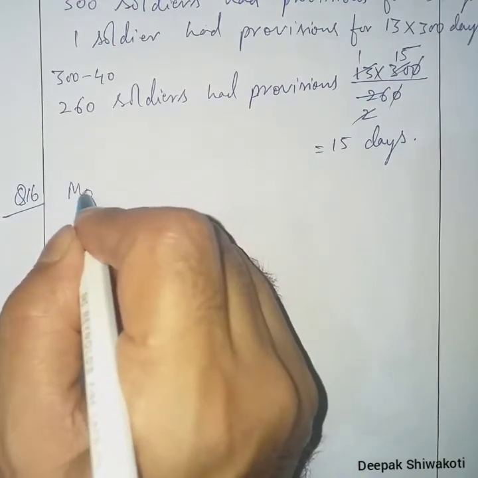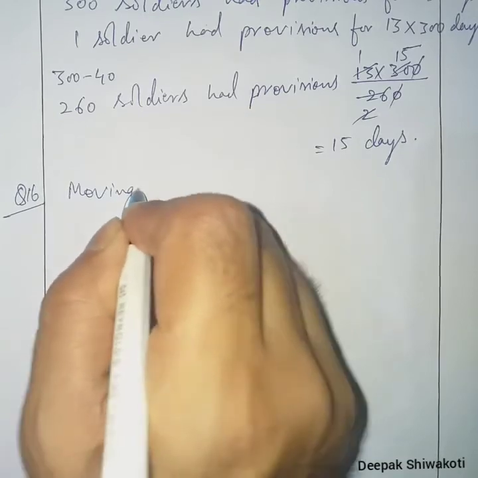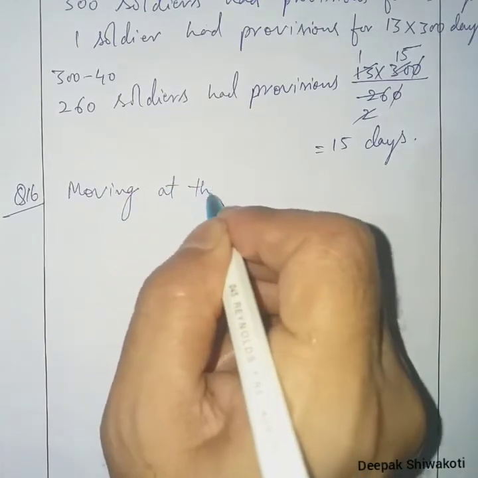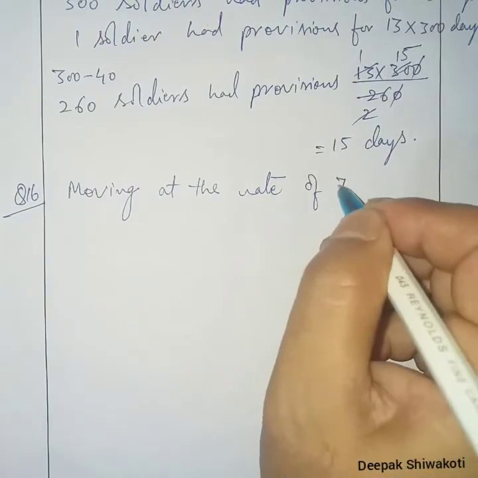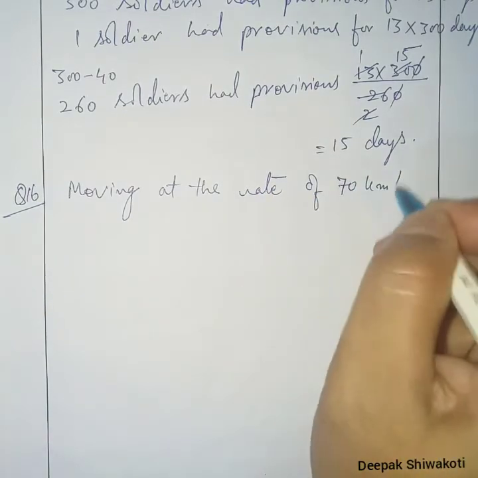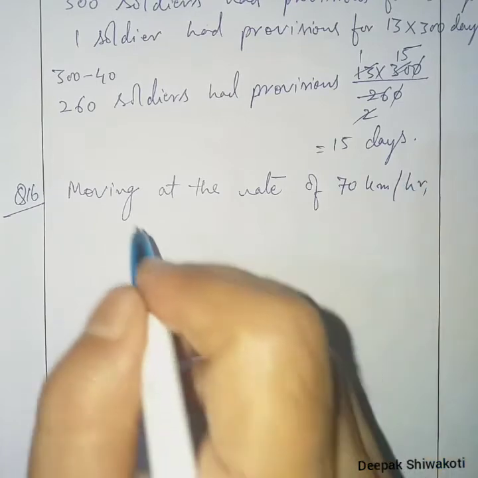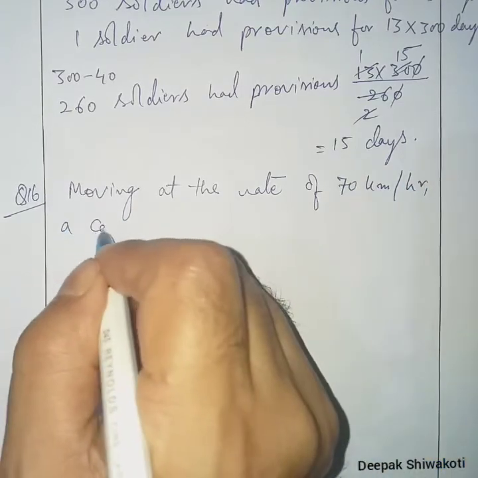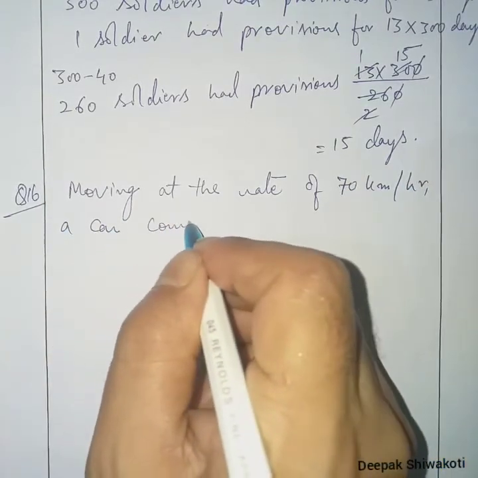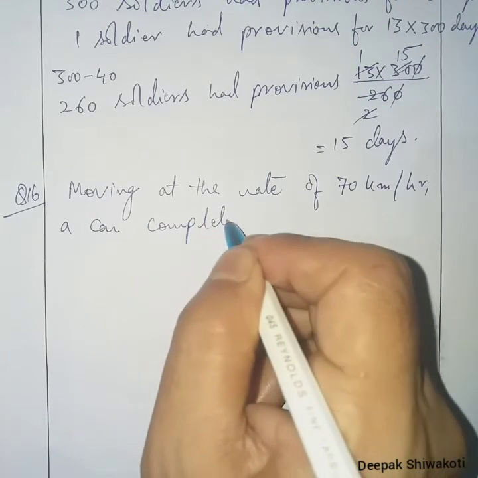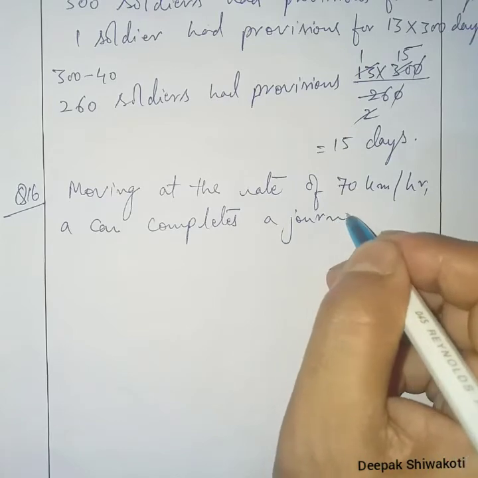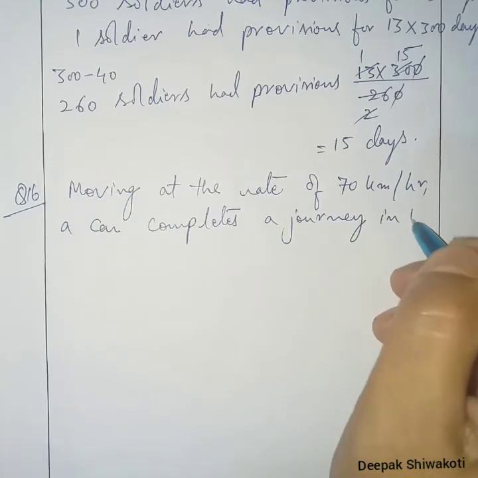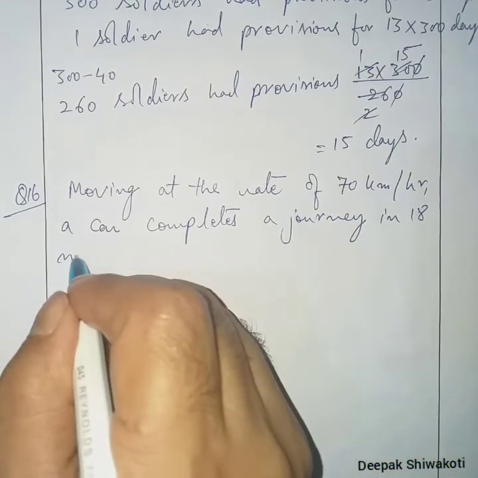Moving at the rate of 70 km per hour, a car completes a journey in 18 minutes.